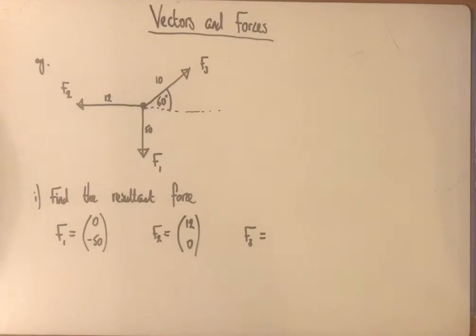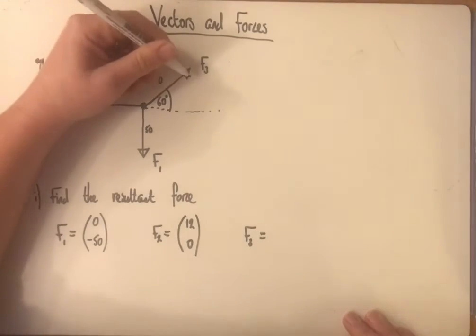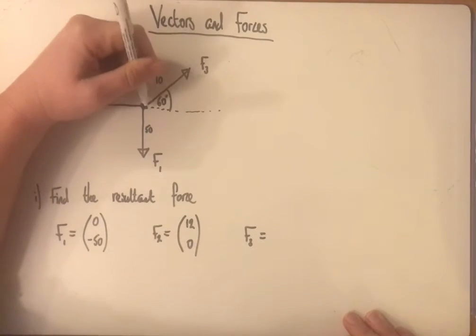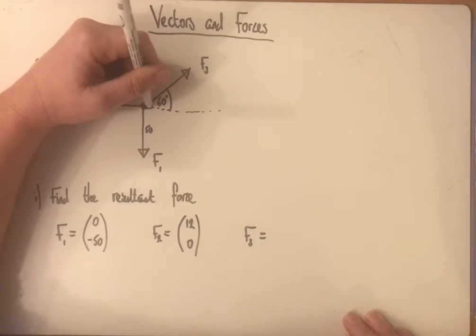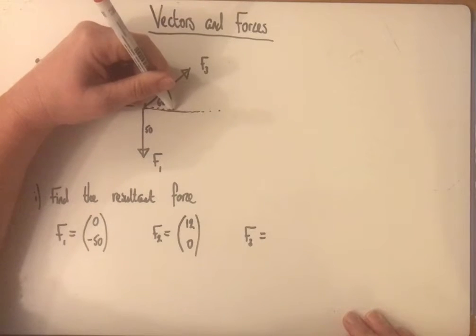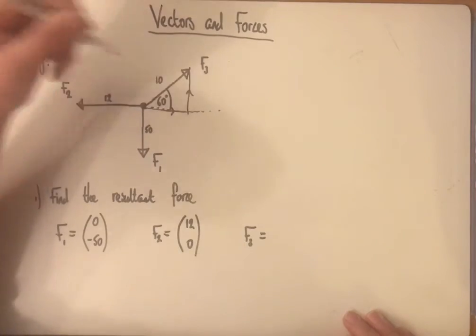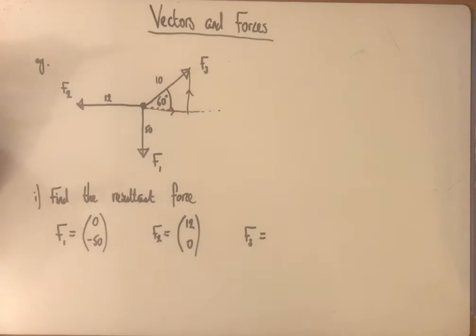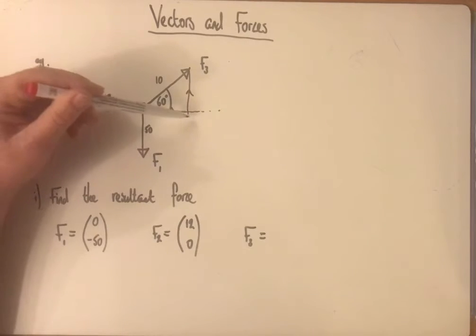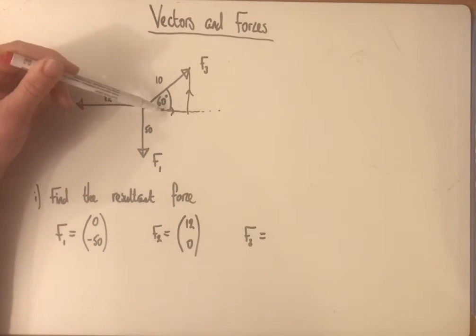is equal to, so this is the result of doing this x component plus the y component. So it's resolving forces again. To find this bit that's acting horizontally, we want the adjacent to the angle. So this is 10 cos 60.